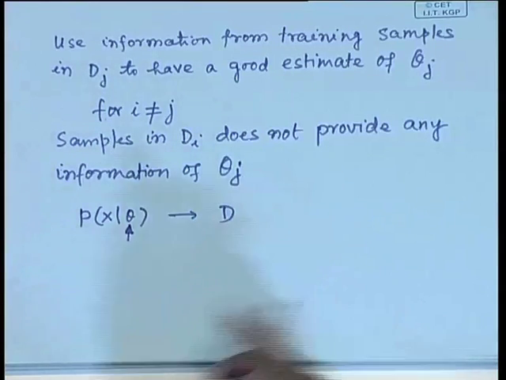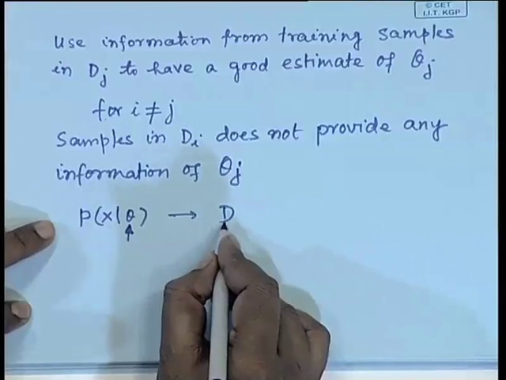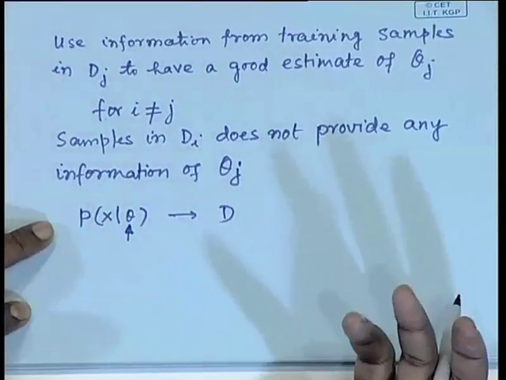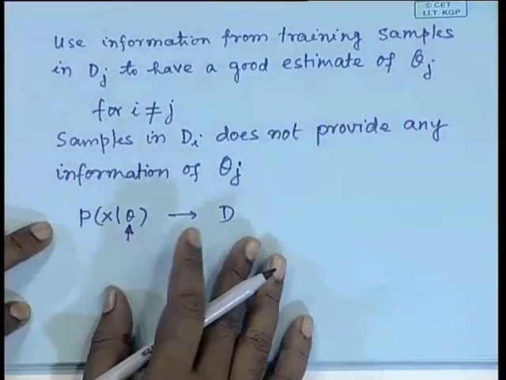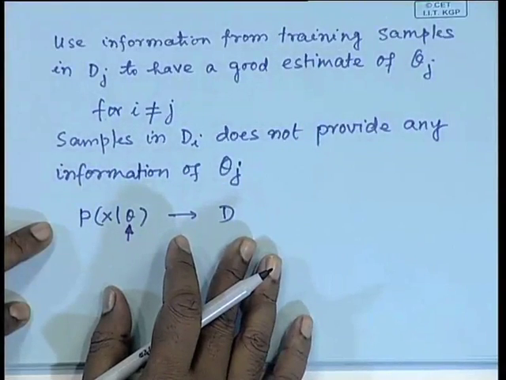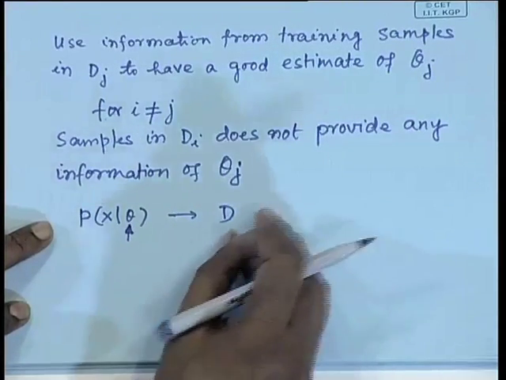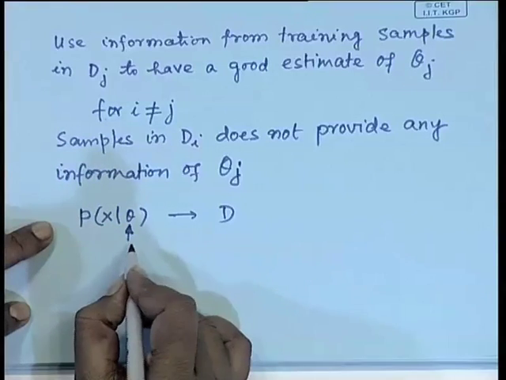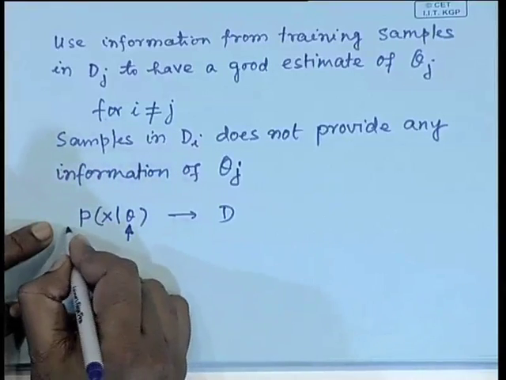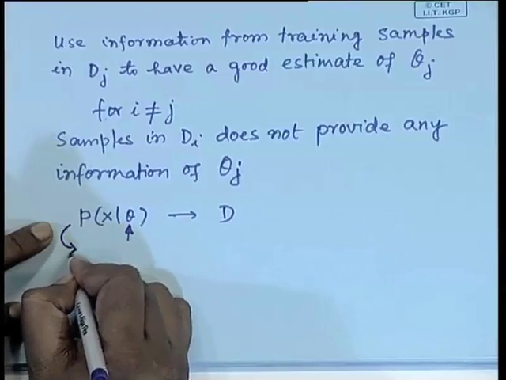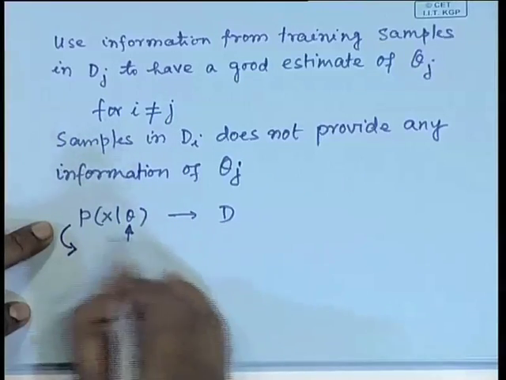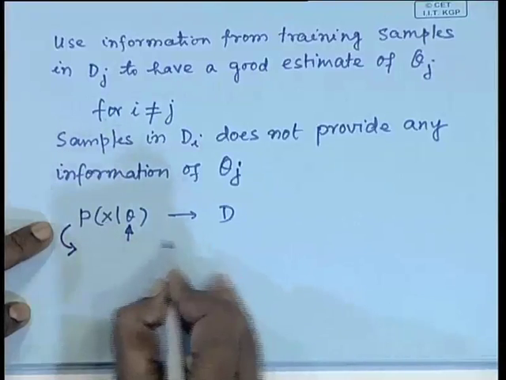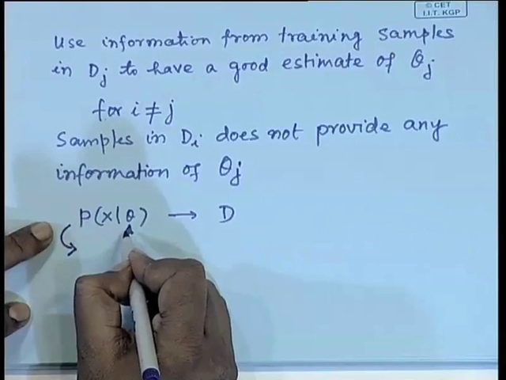Given this, I assume that the set D contains n samples which are drawn independently. What I have to do is make use of the information available in the set of samples to estimate the value of theta.